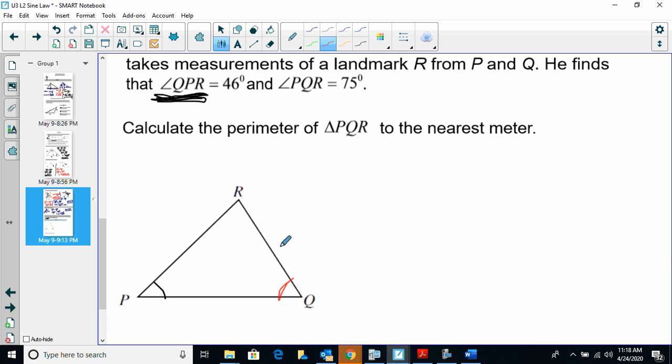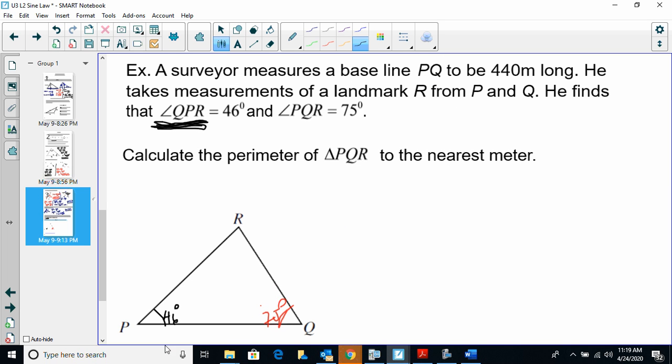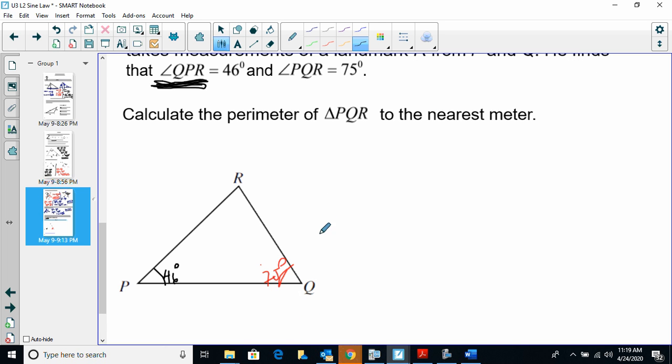So if this is 75, this one here is 46. And then what we have here as a given is that the length PQ is 440 meters.